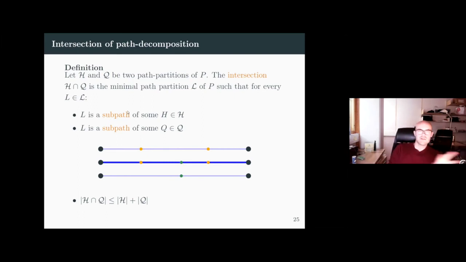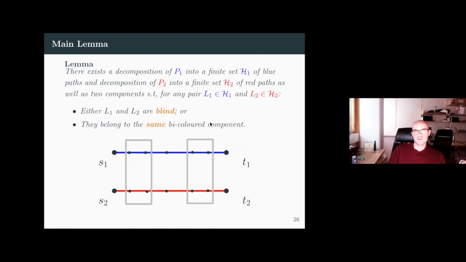Now that we've defined this, we can prove what we wanted to prove: given one blue path and one red path, there is a partition of P1 into H1 and P2 into H2, as well as two B-colored components, so that any time you take one blue path and one red path, either they're blind, which is what we want, or they belong to the same B-colored component. How do you do this?